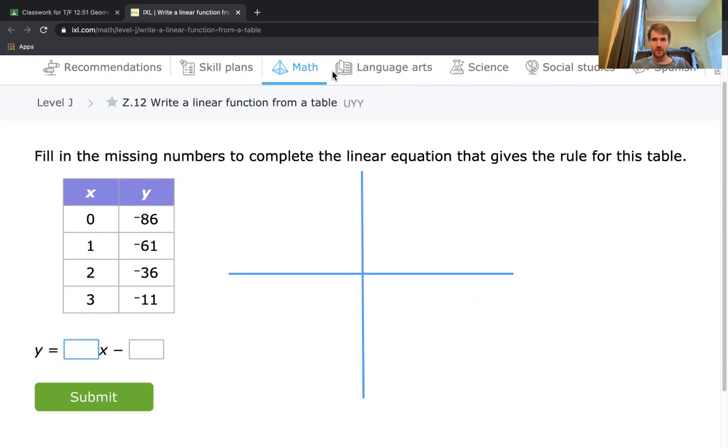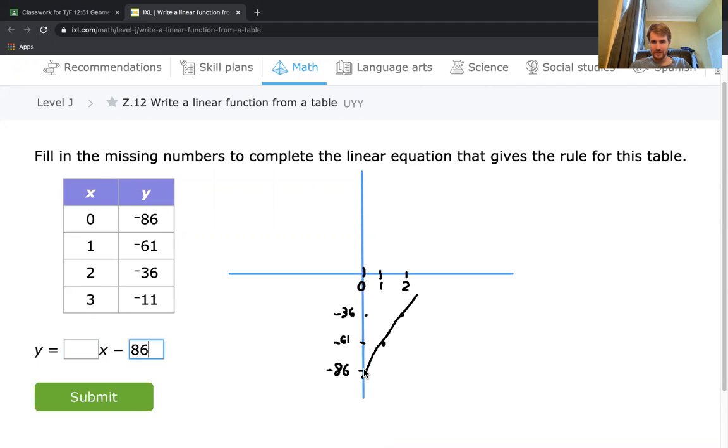So you could plot the points, and they don't have to be perfect, but it can give you a sense. x is 0. y is negative 86. x is 1. y is negative 61. x is 2. y is negative 36. So I'm just sketching this out, and I can already see, I know the y-intercept is going to be negative 86. So I'll put that for b, minus 86.